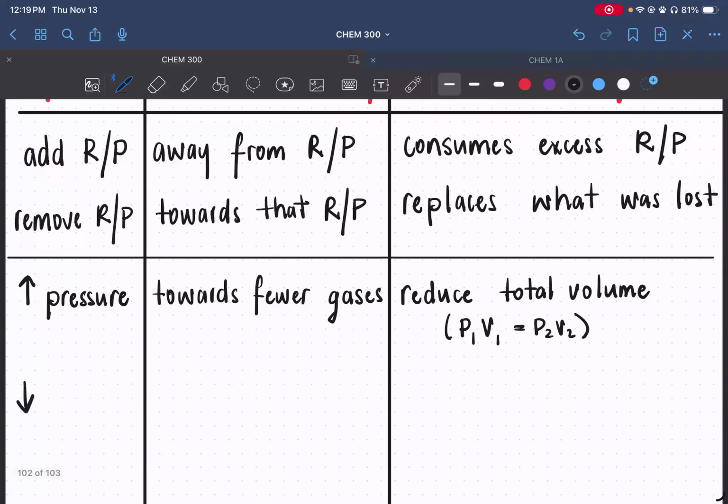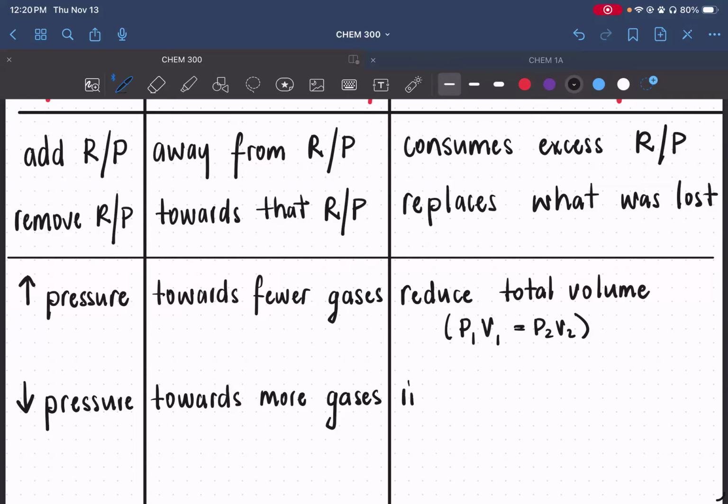If we decrease pressure, we will shift towards more gases, where it would just be the opposite reason.